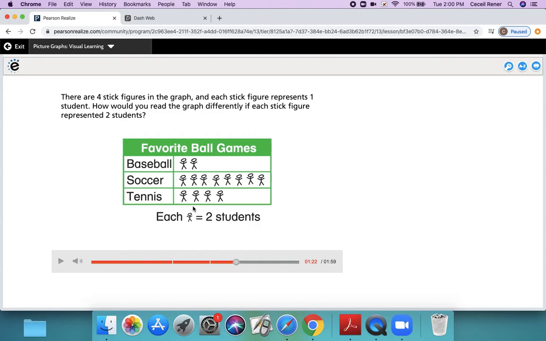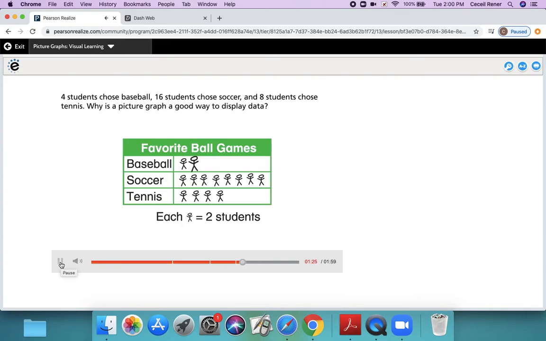That is why it is always extremely important to check to see how many or what the symbol stands for. If the symbol stands for 1 or 2, or sometimes it might stand for 5 or even 10, you don't know until you look to see what the symbol stands for.